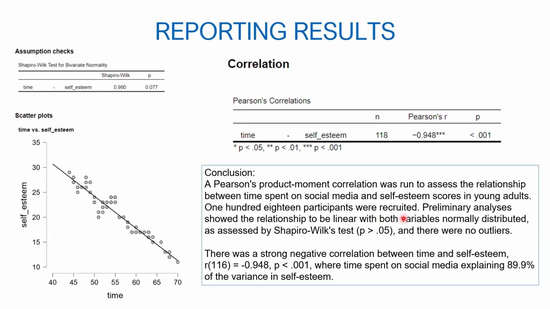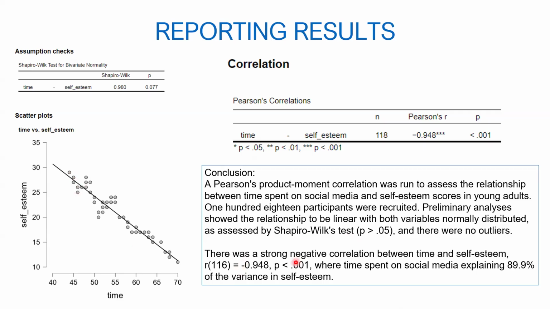118 participants were recruited, and preliminary analysis showed the relationship to be linear, with both variables being normally distributed as assessed by Shapiro-Wilks test. That is, the p-value of the Shapiro-Wilks test for normality is greater than 0.05, and there were no outliers, as we have seen in the scatter plot diagram.